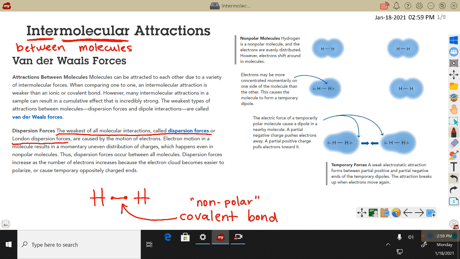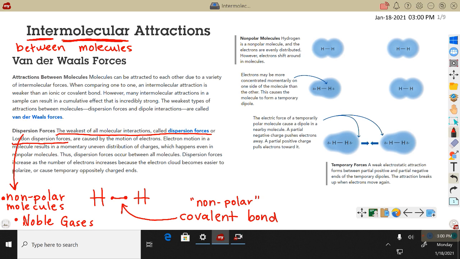The first thing we should make note of is that this type of attraction, this dispersion force, is for non-polar molecules, or it could be noble gas atoms, or noble gases. So this type of force is going to be really important when we look at nonpolar molecules or just atoms of a noble gas.